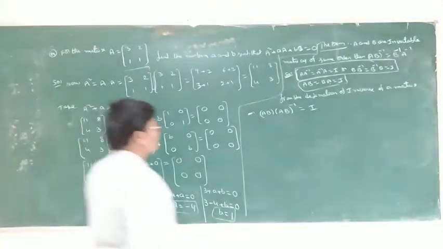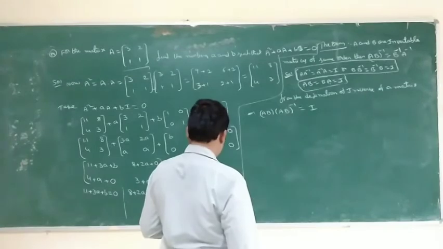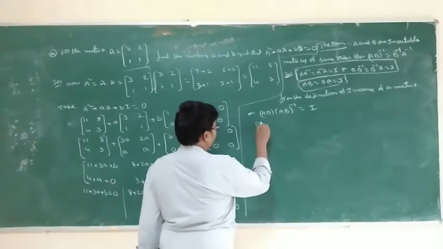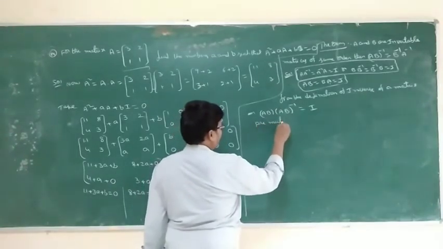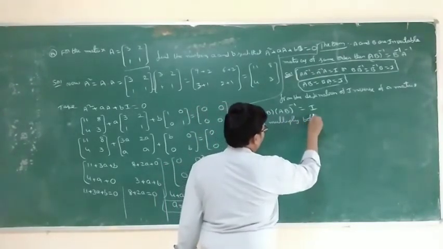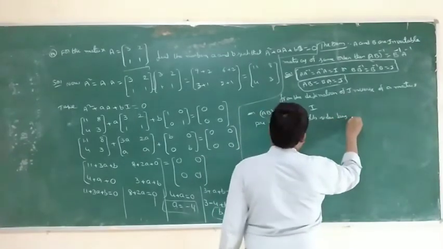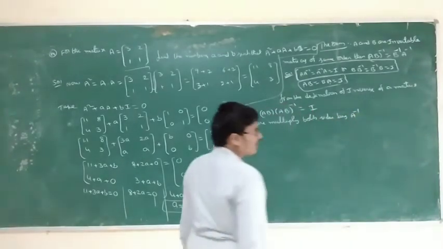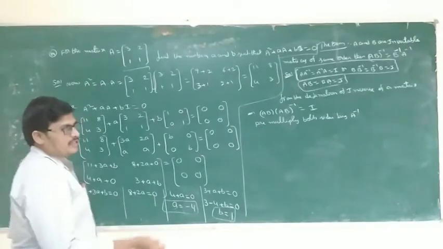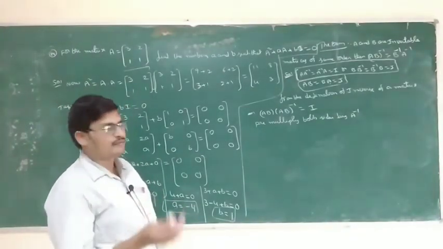Next, pre-multiply both sides by A inverse. Pre means before, post means after.